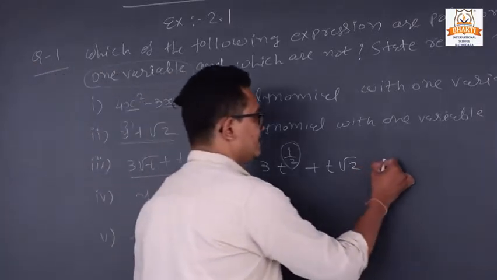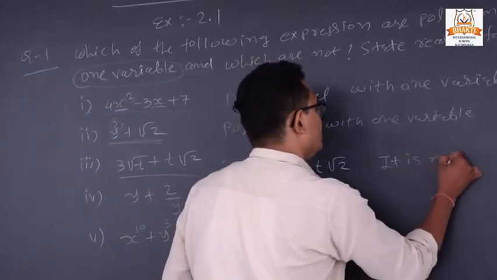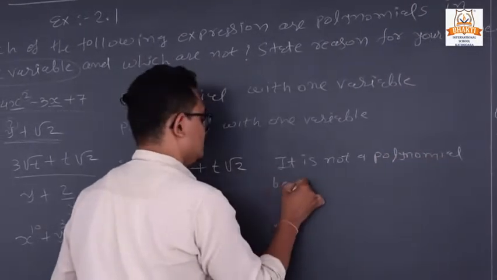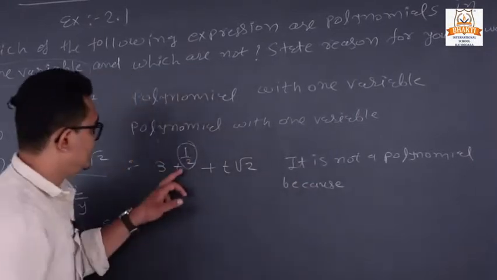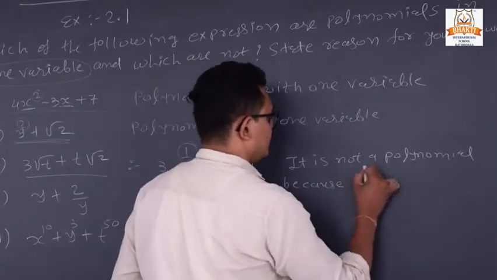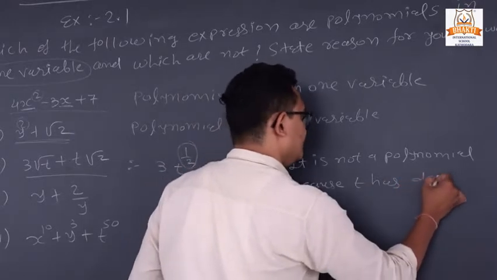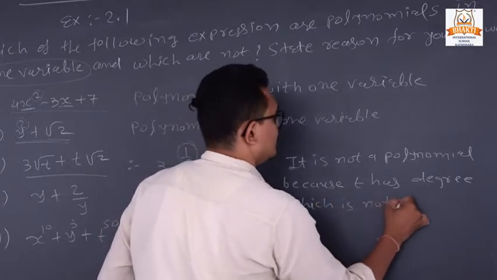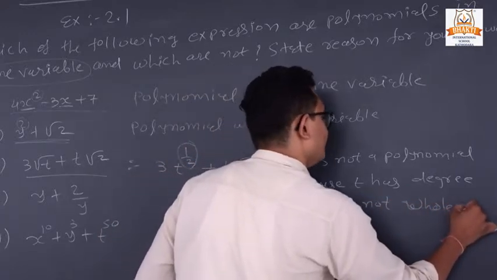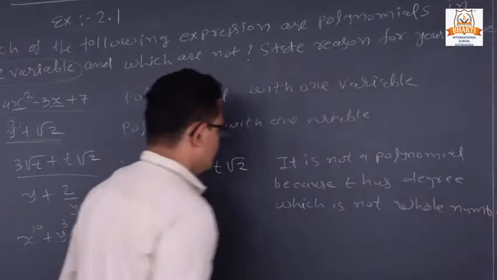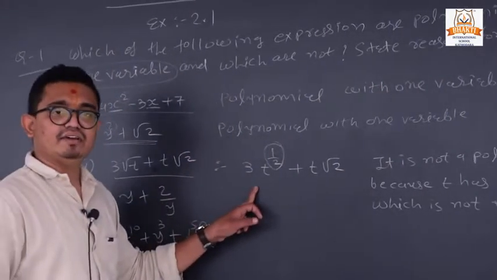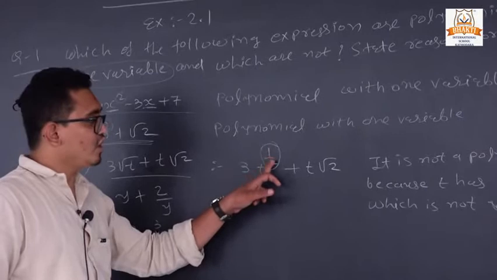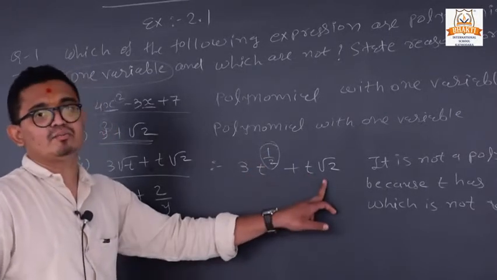So here we can give the reason: it is not a polynomial because t has a degree which is not a whole number. Clear? Because if t has a fractional power, which is not a whole number, we cannot call it a polynomial.